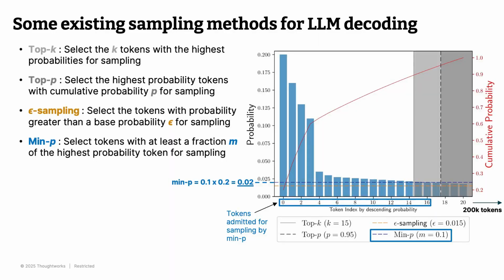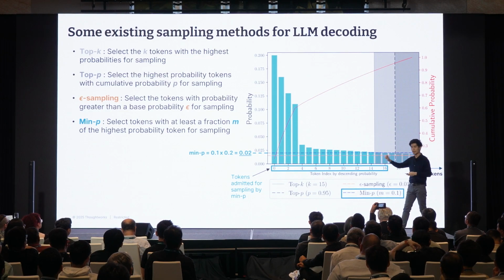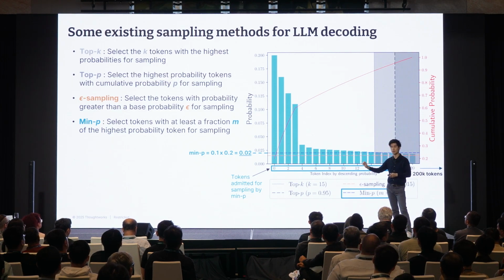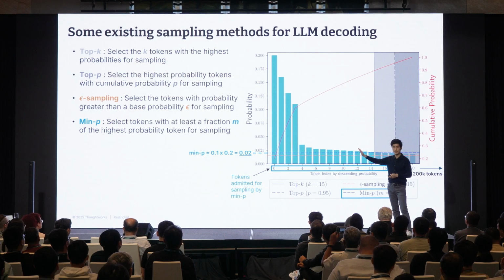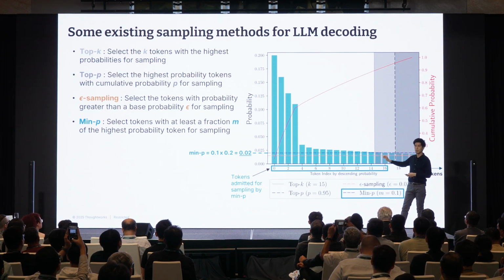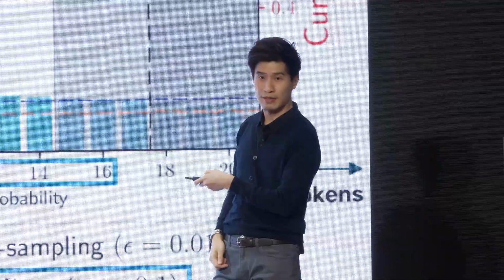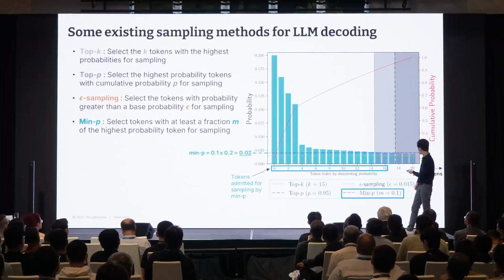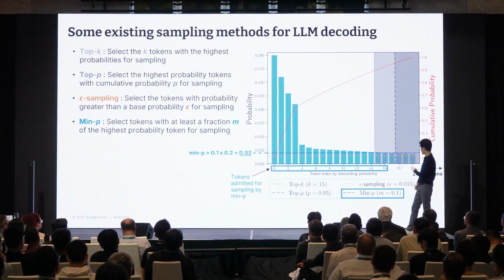MinP is another method that takes the highest probability here, multiplying it with a hyperparameter once again. And this is usually 10%. So 10% of 0.2 gives us 0.02 as the cutoff, right? Similarly, we are still including quite a number of tokens. In this case, up to 17 tokens, 0 to 16.